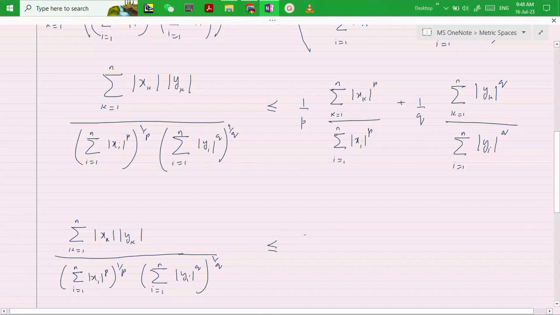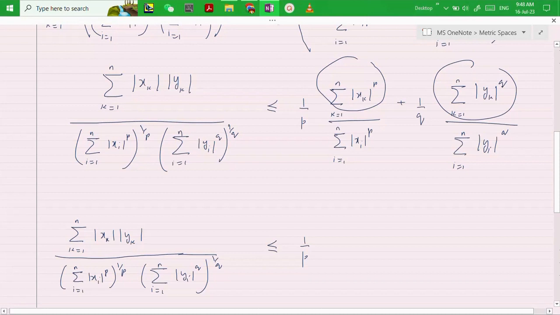This is less than or equal to 1 by p, and here you can see that we change the indices, and here also in the numerator we change the indices.